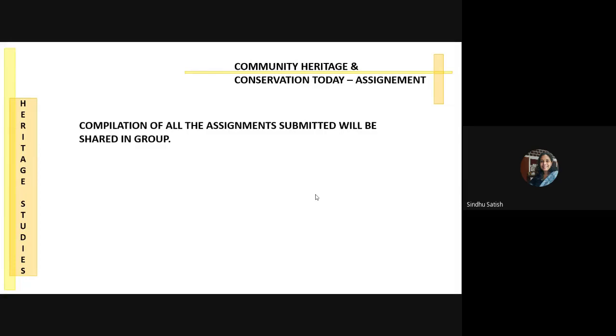I thought I could just compile that and share it in the group for all of your consumption, with permission of each of you who have submitted the assignment. I think this is an assignment for me, which I will, with all of your permission, do in a day or two. And with that, I thank all of you for being so patient and attending these 7 days sessions.